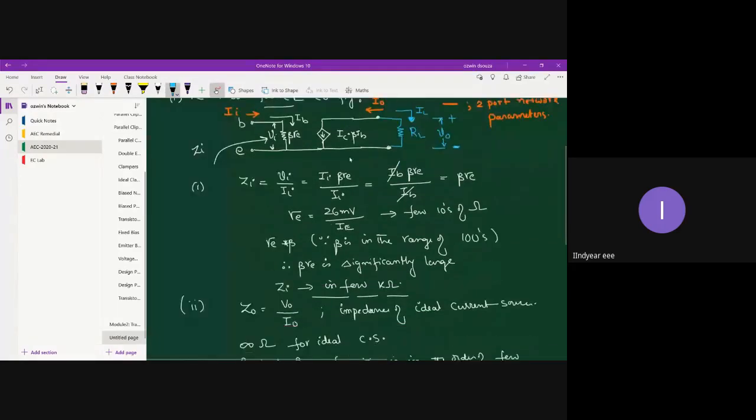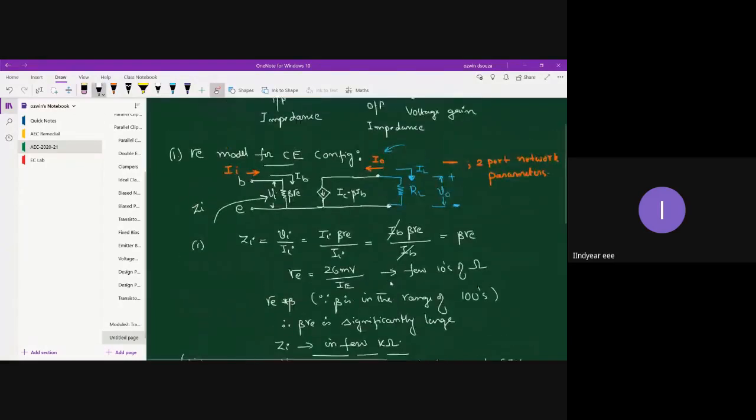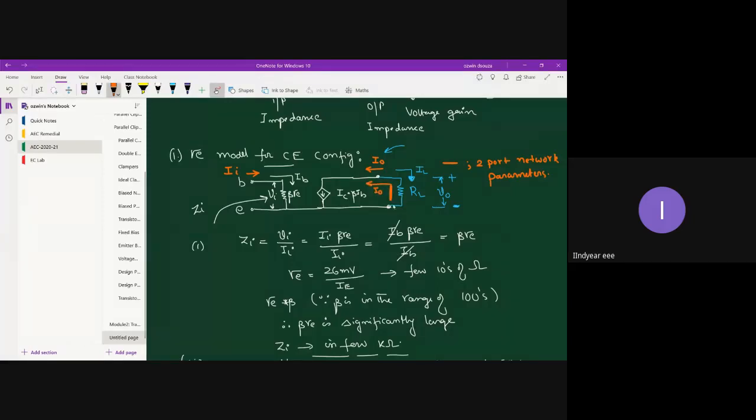Let me go back to V naught. So V naught, by definition, I want to write as I naught into RL, because my output current, I have defined it as I naught. Now, with the assigned direction of I naught, I have assigned the direction of current I naught in this manner, lower to upper side.